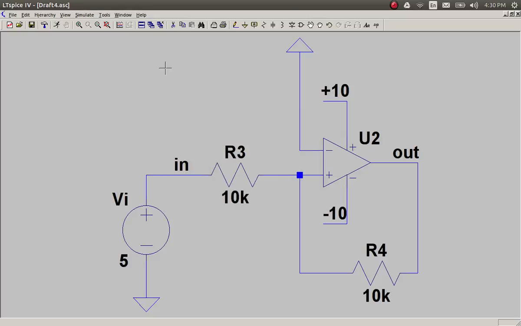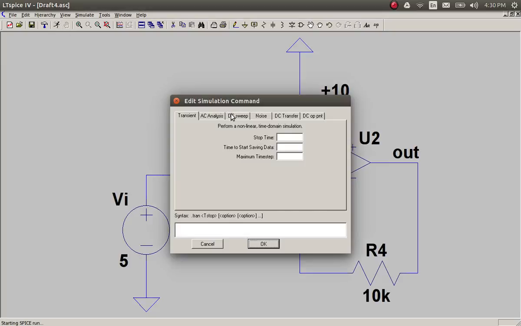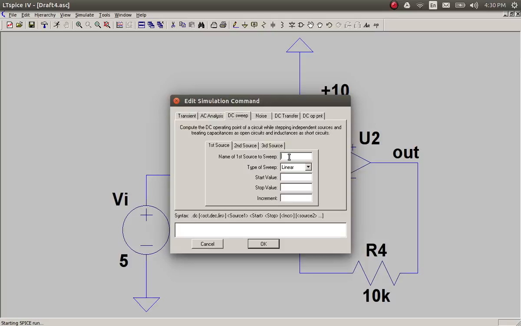And the simulation we are going to do this time is a DC sweep. Why a DC sweep? I just want to change the input voltage, let's say from, okay, actually minus 10 volts to plus 10 volts.